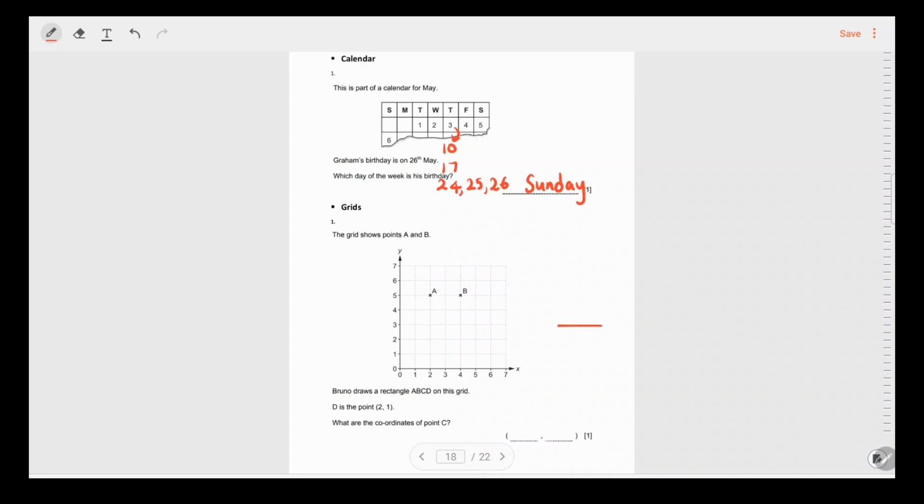When we have a coordinate like 2, 1, always the first number is on the x-axis and the second number is on the y-axis. So 2, 1 would be the point over here. And we would label this with D.